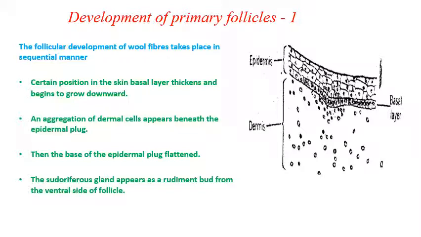Then the base of the epidermal plug flattens, and after that the sudoriferous gland appears as a rudimentary bud from the ventral side of the follicle. So this is how the beginning happens. At the basal layer a portion starts growing downwards, and step by step it grows further to form a bud, a rudimentary bud for the sudoriferous gland.